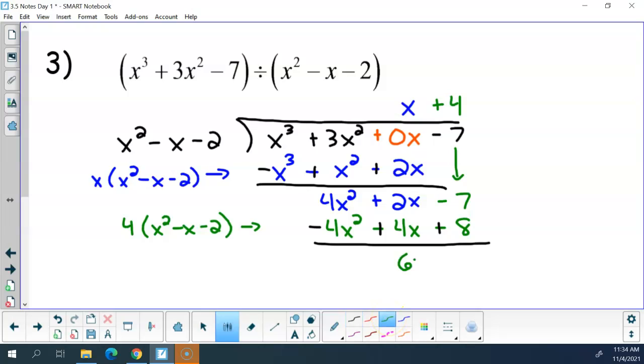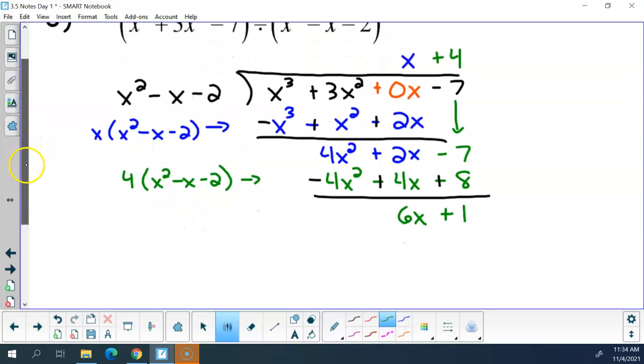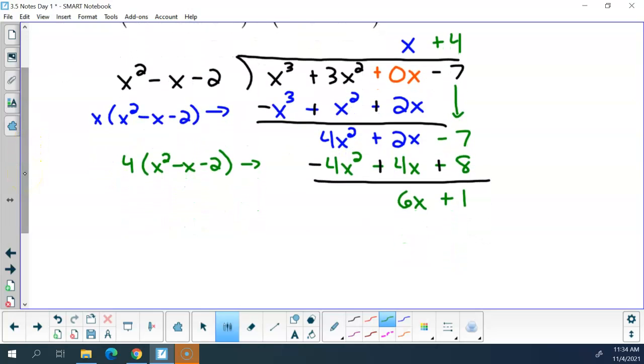Gets me 6x plus 1. So the answer is x plus 4, with the remainder of 6x plus 1. Because I needed x squared to be 4x squared. That's why we chose 4.